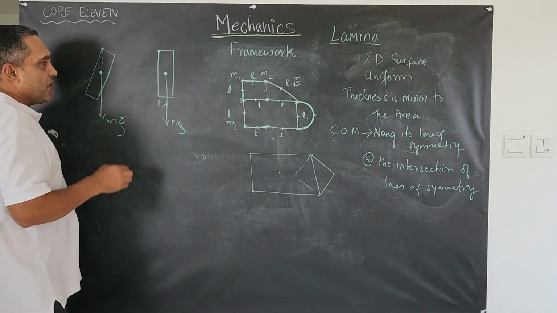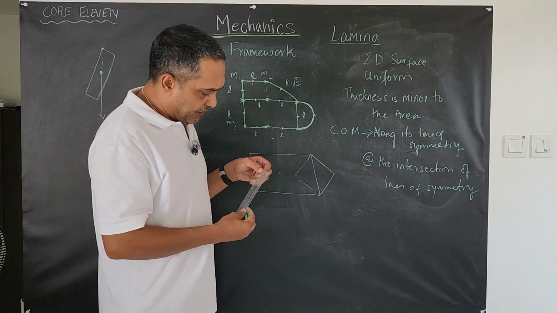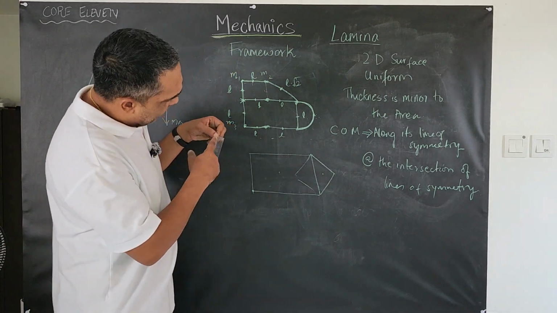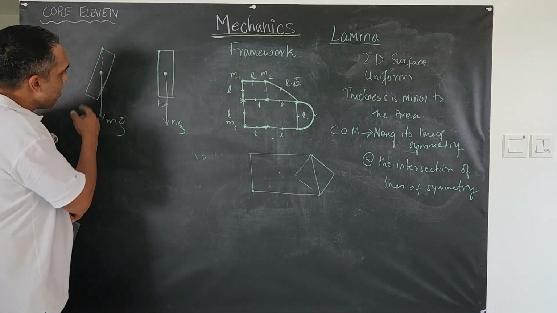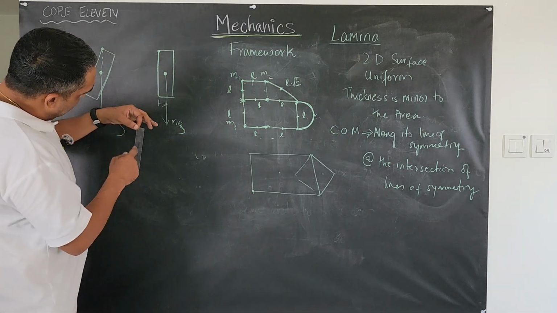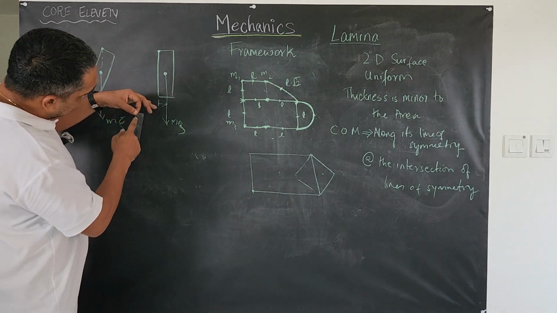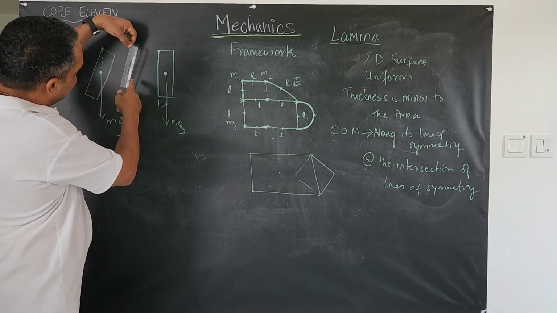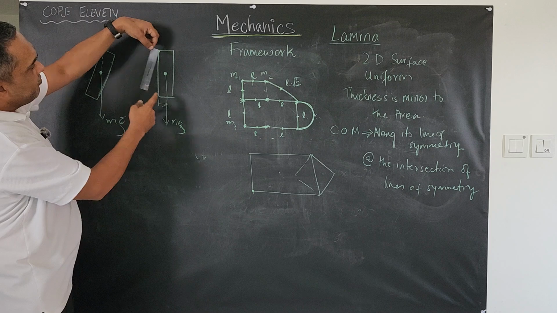So always remember, if something is pivoted, it will always be at an angle, where the center of mass is in line with the point of the pivot.